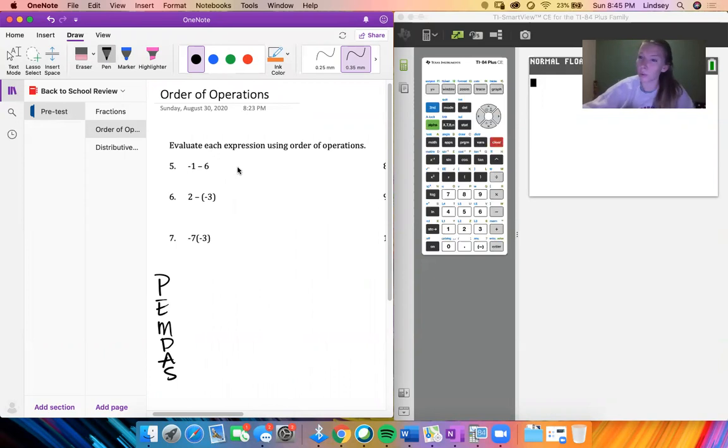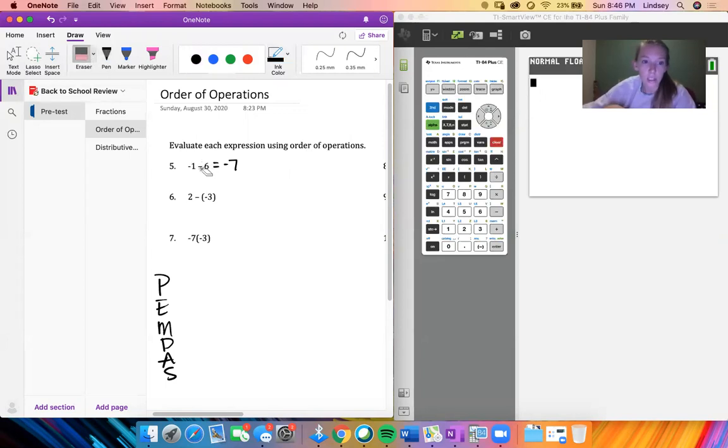A quick rule when you're doing negatives is, if I have a minus, a positive number, I change it to a plus, and then I make my 6 a negative. So I have a -1 plus a -6. So that's going to be a -7. Okay, or you can type it into your calculator.